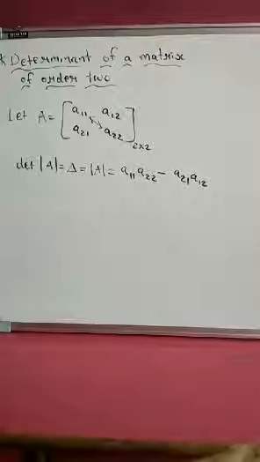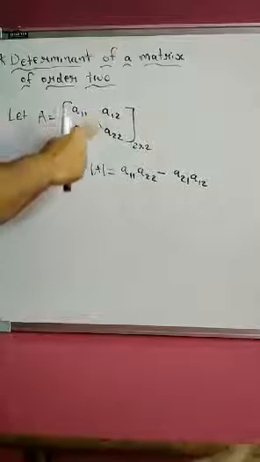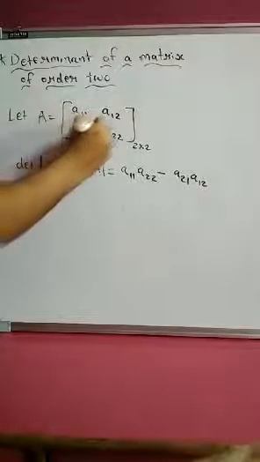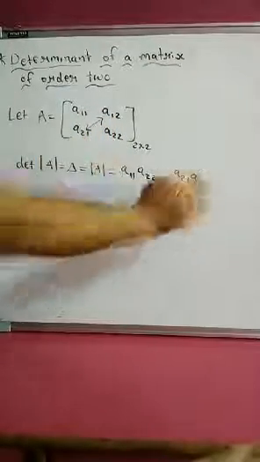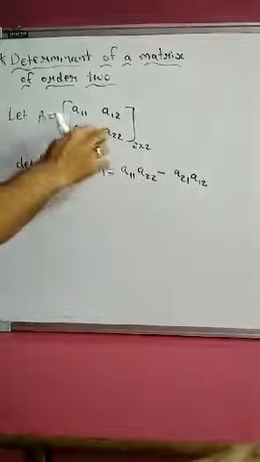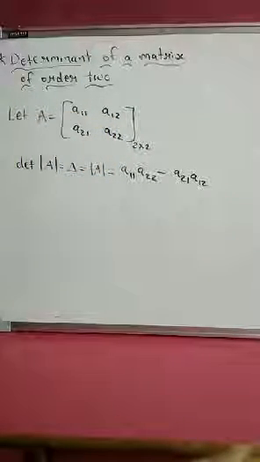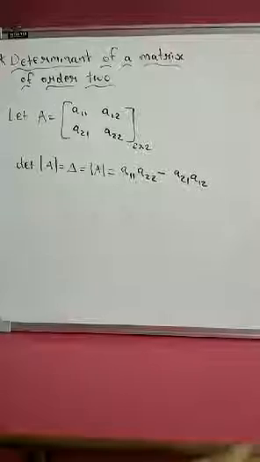Then you subtract from that the multiplication of these two, a12 with a21, or you can write a21 with a12. Anyway, multiplication is commutative, so we will get our answer for the determinant. So this was the introduction for determinant.